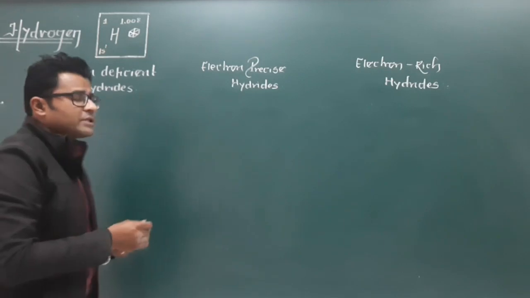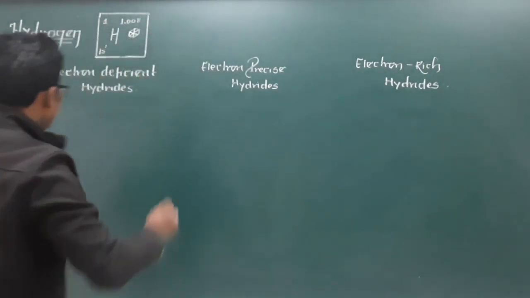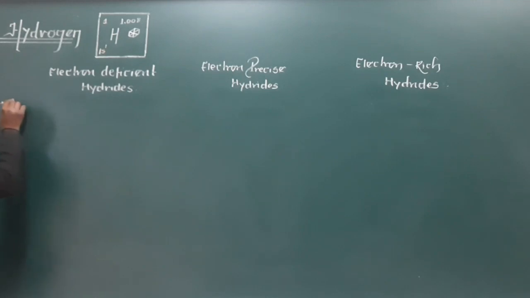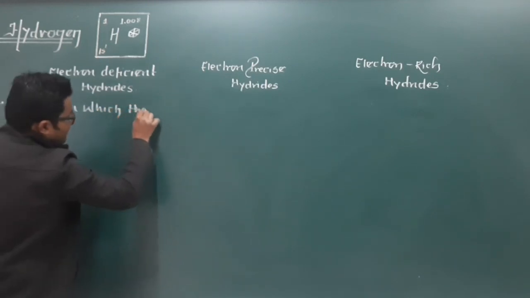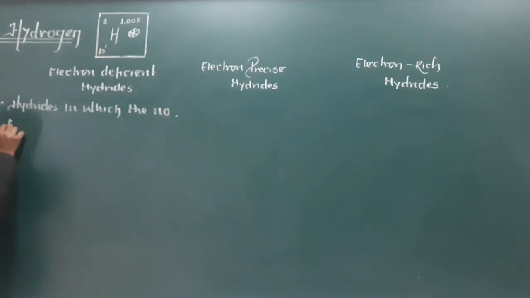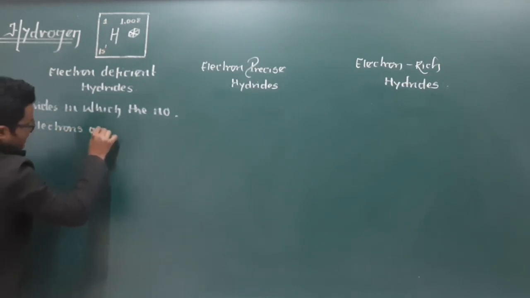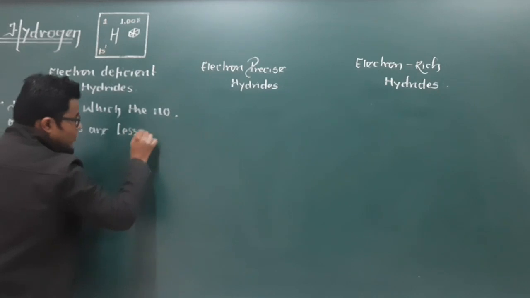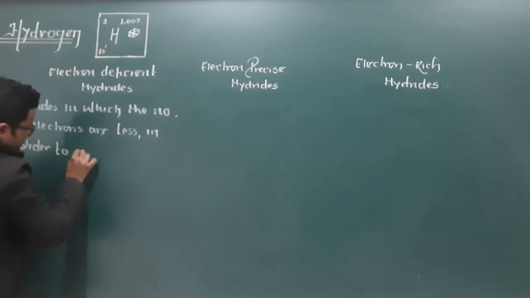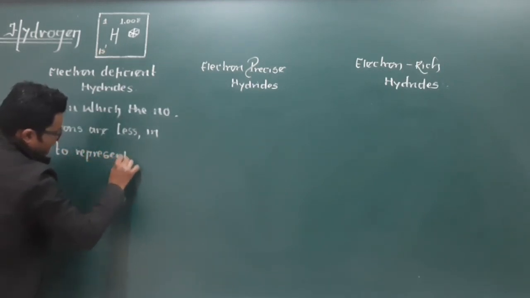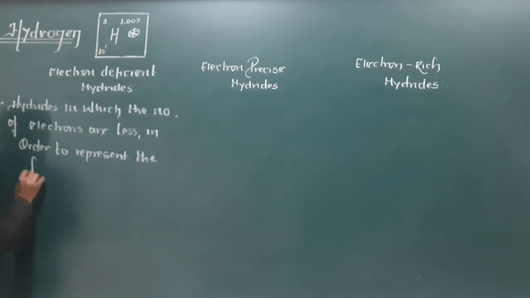In the electron deficient hydrides, these are the hydrides in which the number of electrons is less in order to represent the Lewis structures.